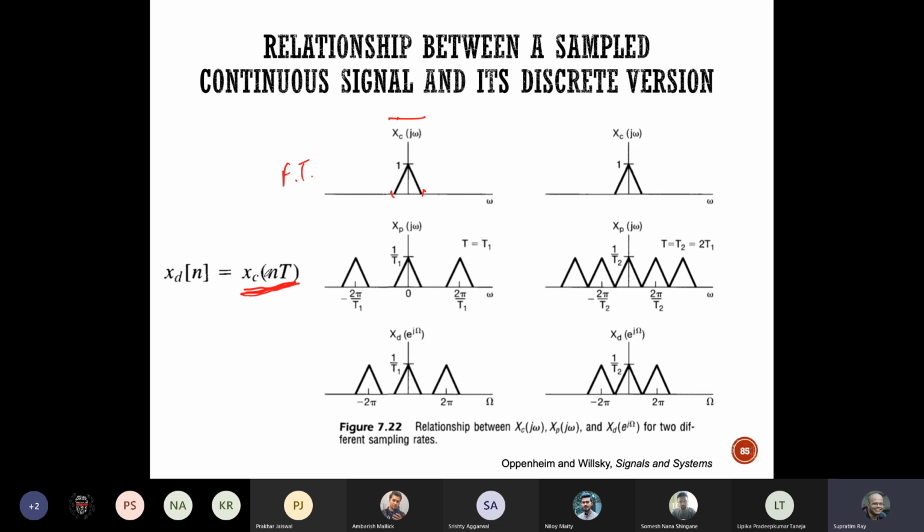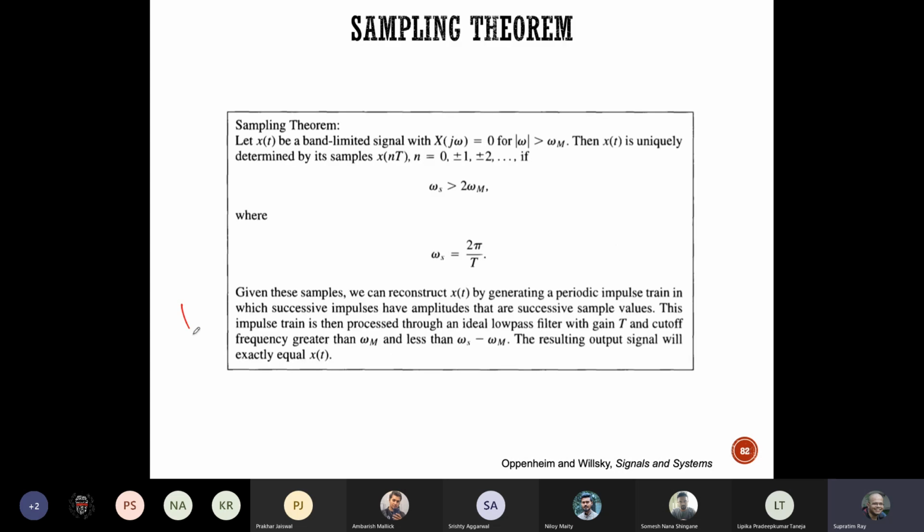So it's a continuous signal, but it only takes non-zero values at intervals of T. The Fourier transform of that continuous signal will have copies separated by 2 pi by T. So if you sample slow or fast, these lobes will move in and out. And if you don't sample fast enough, they will alias also. But if I call these nT as n and make a discrete signal out of it, I've lost information about the time.